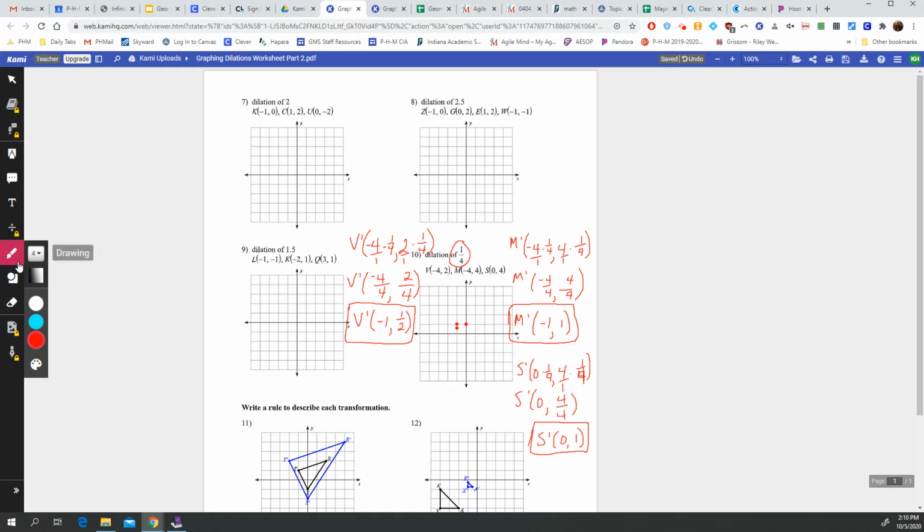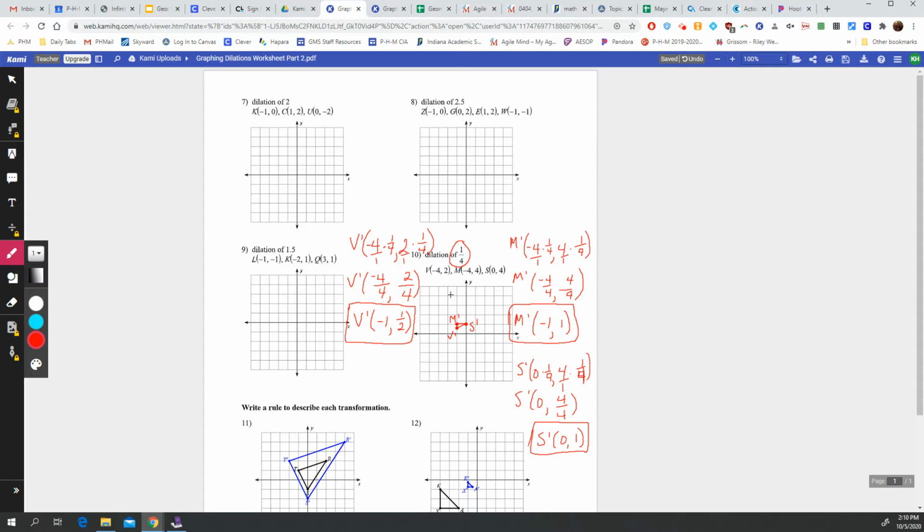So we got this really, really small triangle. Now let's connect the sides here. And label each point. This was v prime down here. This was m prime, and then this was s prime.